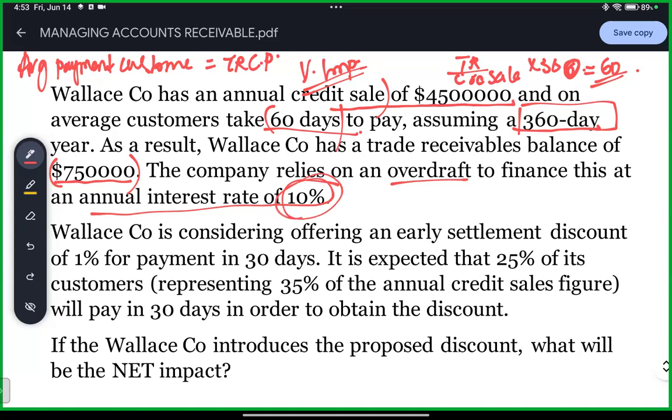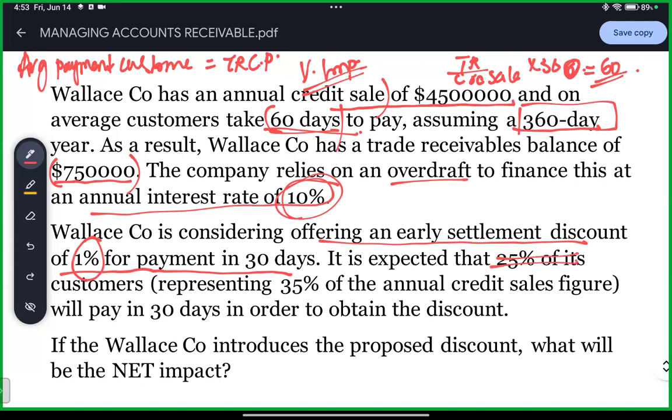Lalis is considering offering an early settlement discount of 1% for payment in 30 days. So instead of 60 days, if they pay within 30 days, those customers will get a 1% discount. It is expected that 25% of its customers, we don't need this percentage.